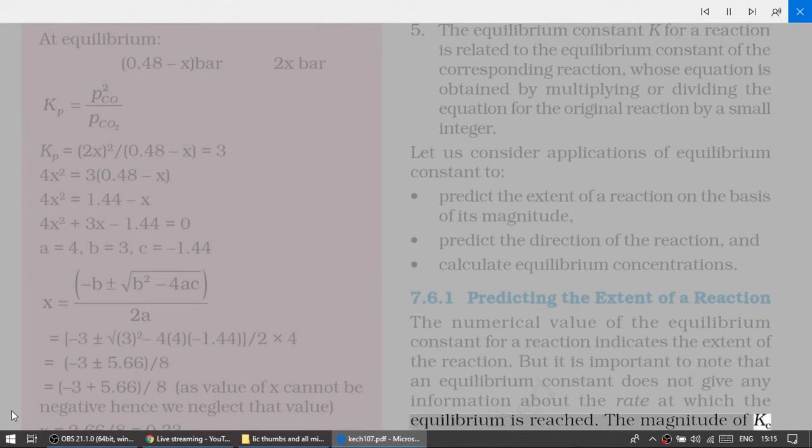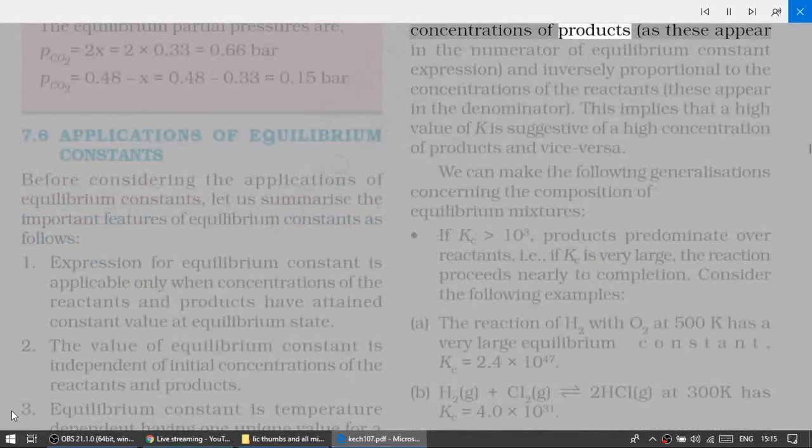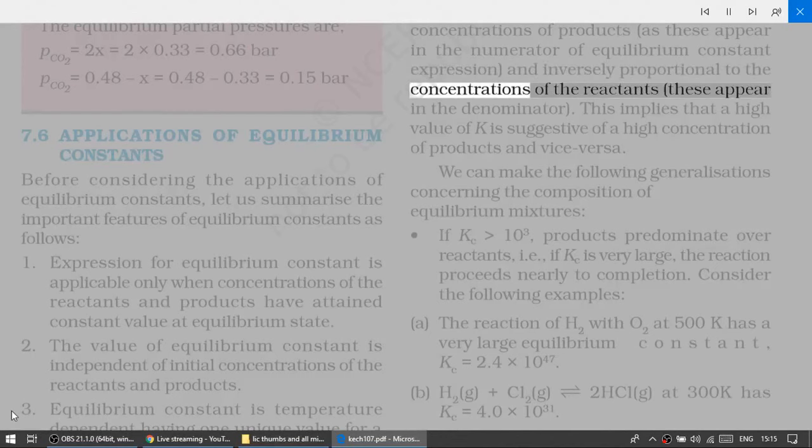The magnitude of Kc or Kp is directly proportional to the concentrations of products, as these appear in the numerator of the equilibrium constant expression, and inversely proportional to the concentrations of the reactants, as these appear in the denominator. This implies that a high value of K is suggestive of a high concentration of products and vice versa. We can make the following generalizations concerning the composition of equilibrium mixtures.